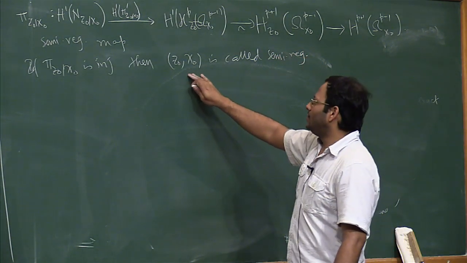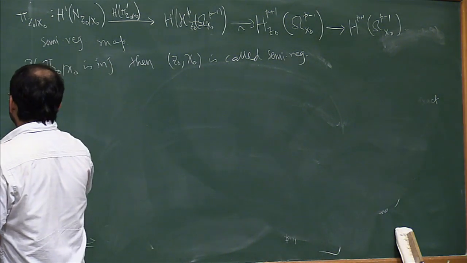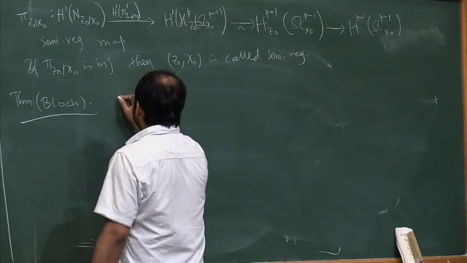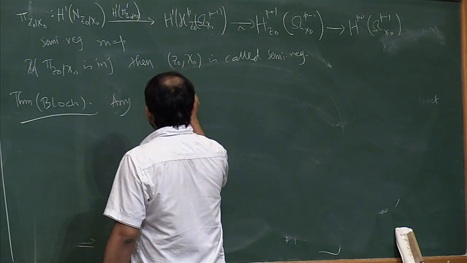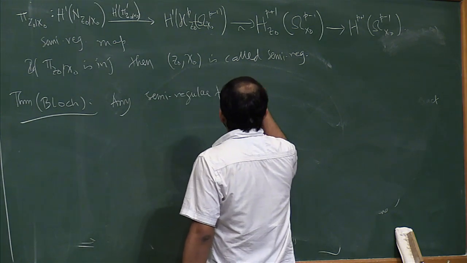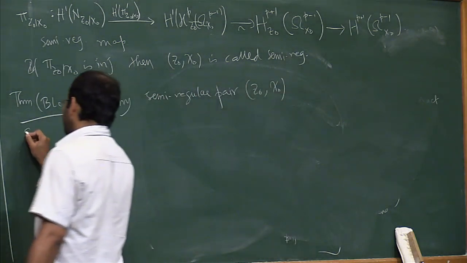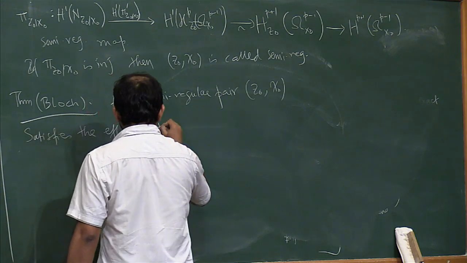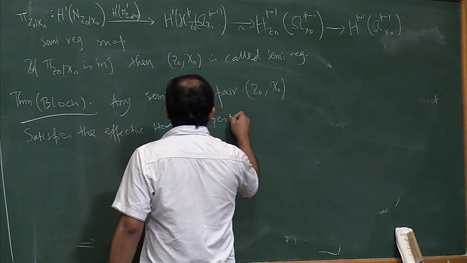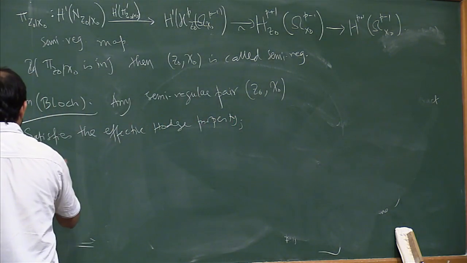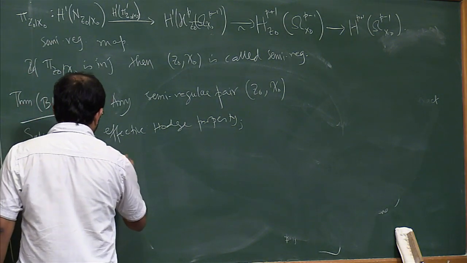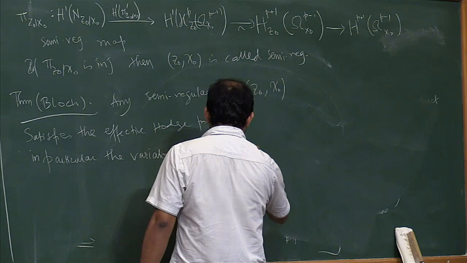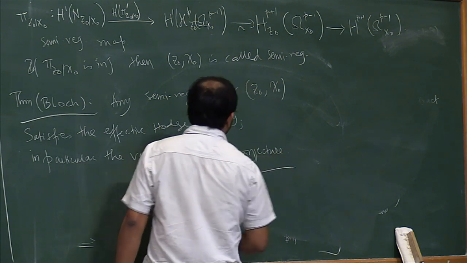So it is important here that it depends on its embedding inside the surface, and I'm going to end with the theorem of Bloch, which says that any semi-regular pair satisfies the effective Hodge property, in particular the variational Hodge conjecture. I stop.